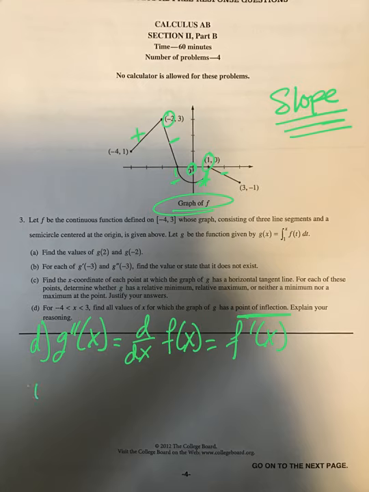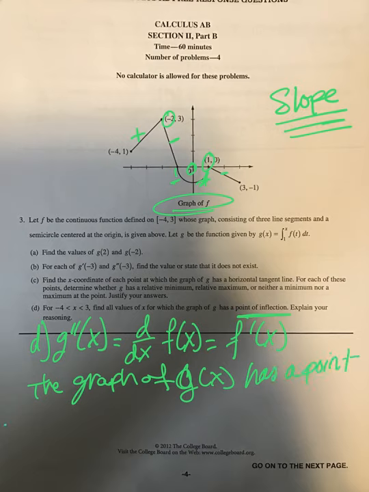So you're going to say the graph of g of x has a point of inflection. If you need help writing a complete sentence, I'm pretty much just rewriting the question, right? I'm starting with the question itself and then answering it.